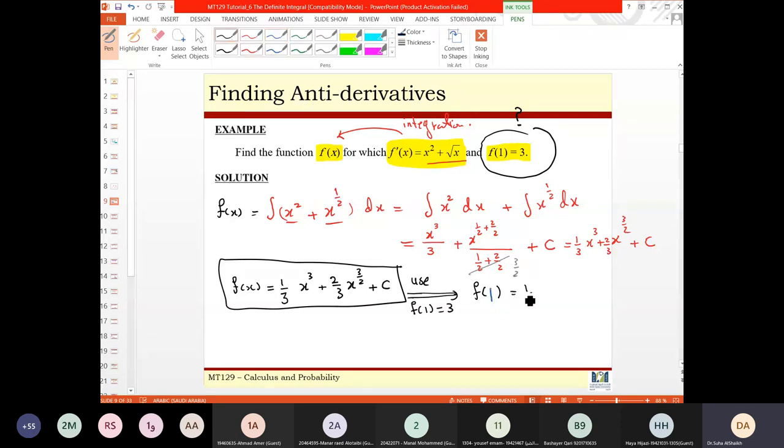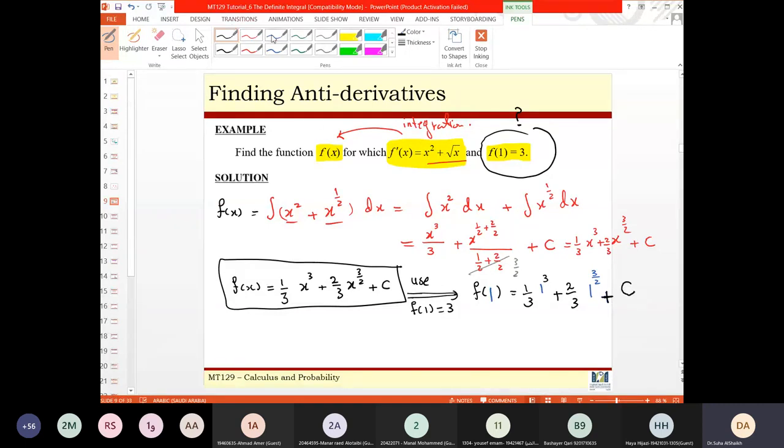This equals 1/3, and here I have 1 to the power 3, plus 2/3, again 1 to the power 3/2, plus the integration constant c.